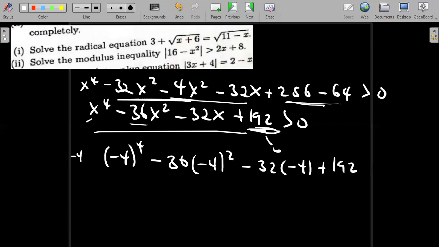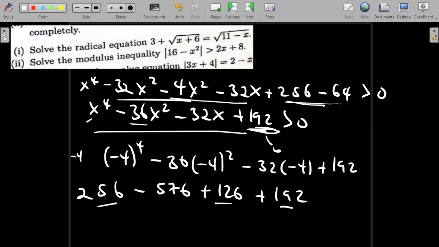So 4 to the power 4 is 256. Then I have this here, I get 576. Then that other one, I get 126. Then I get 192 there. So I can add these.